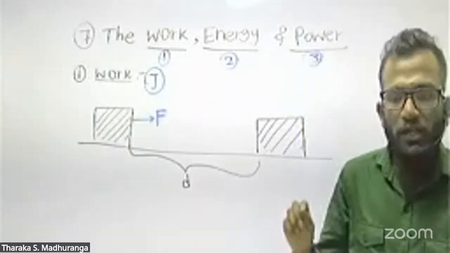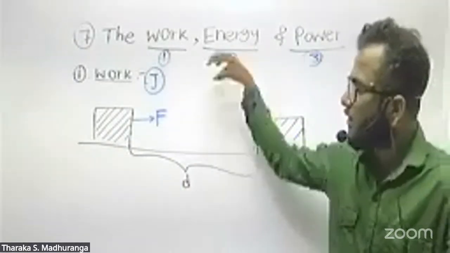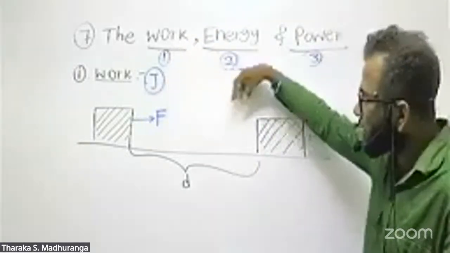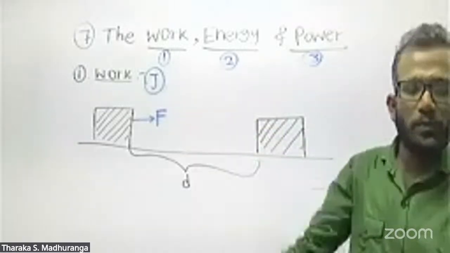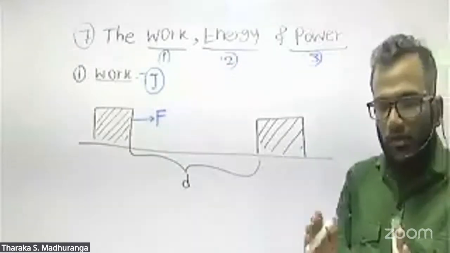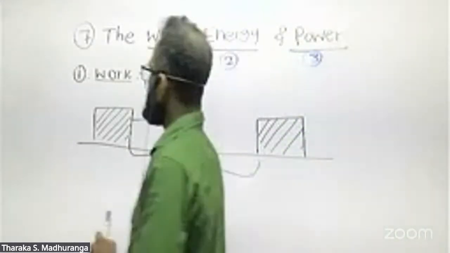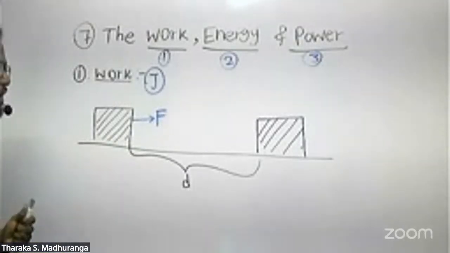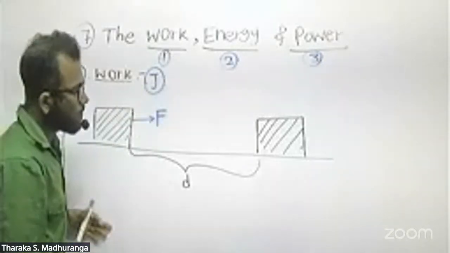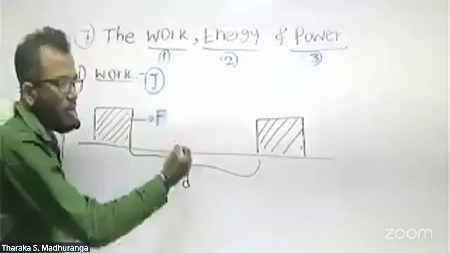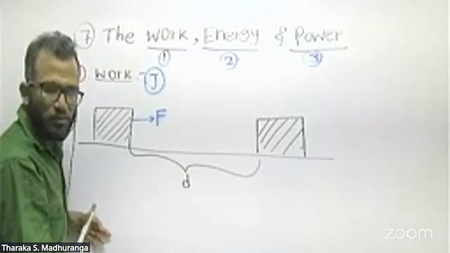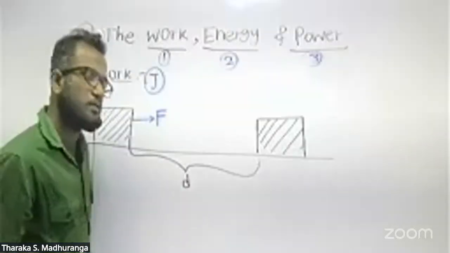Then what is the meaning of work for this process? That means when any object is given some external force and the object is displaced, the energy transformation for this process, that we call the work. That means on any surface, if there is any object, when given some external force resulting in a displacement, the energy transformation, that we call the work.